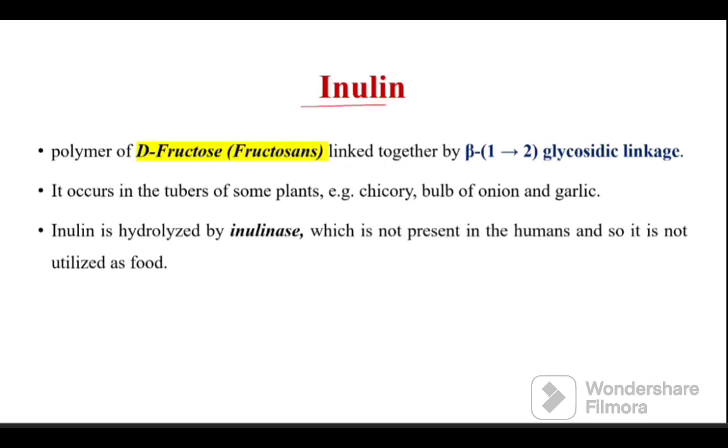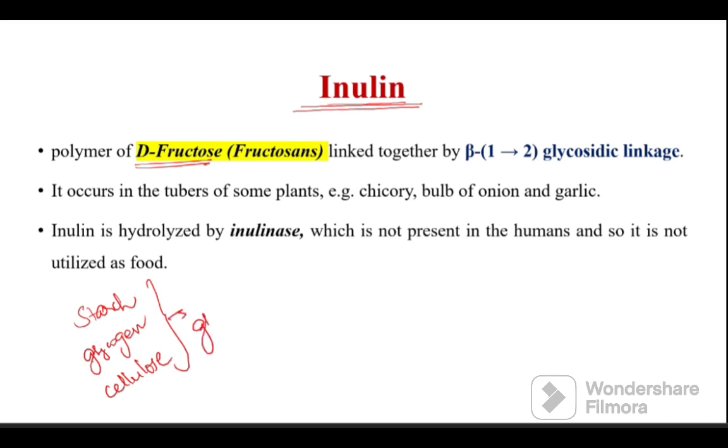The next important homopolysaccharide is inulin. Inulin is a polymer of fructose. Till now we have seen that starch, glycogen, and cellulose were all made of glucose units, whereas inulin is made of fructose, linked by beta-1,2 glycosidic linkages.